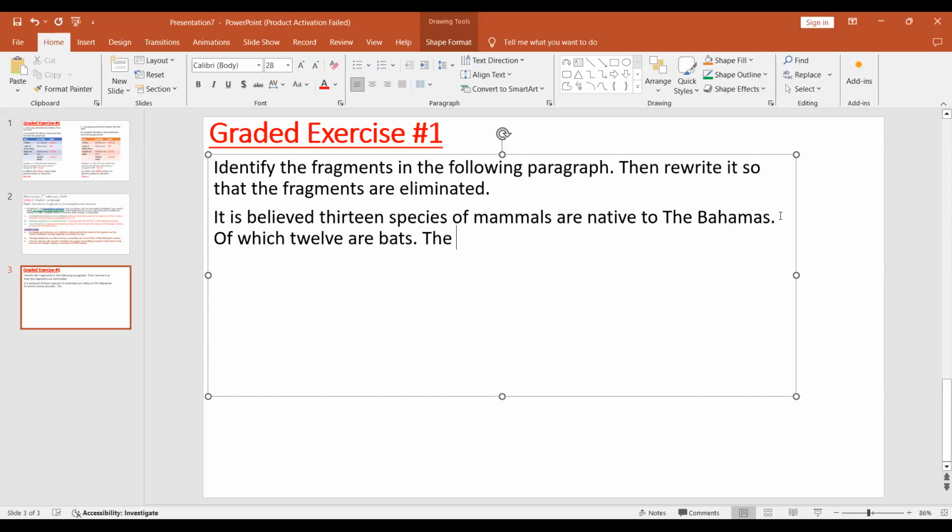The other is the hula, a rodent-like creature once nearly extinct.